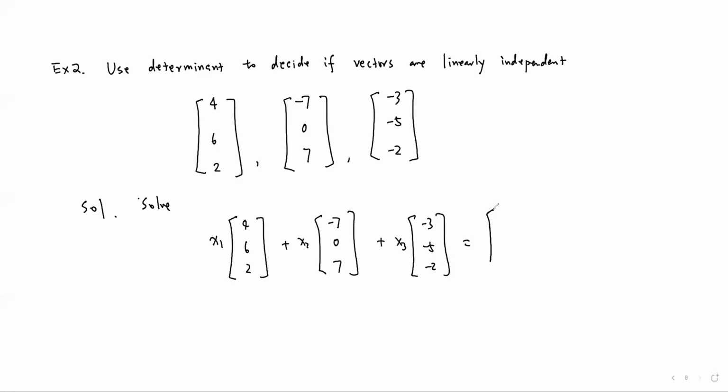If this vector equation has only the zero solution, then the three vectors are linearly independent. This is the meaning of linearly independent. Solve this equation. But this equation is the following matrix equation. Same equation.